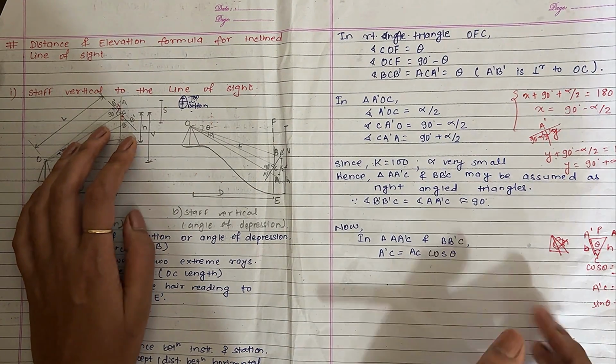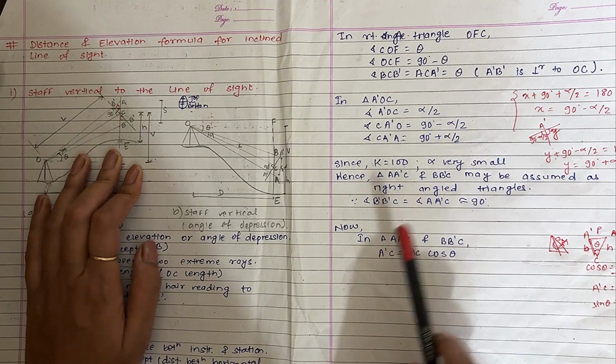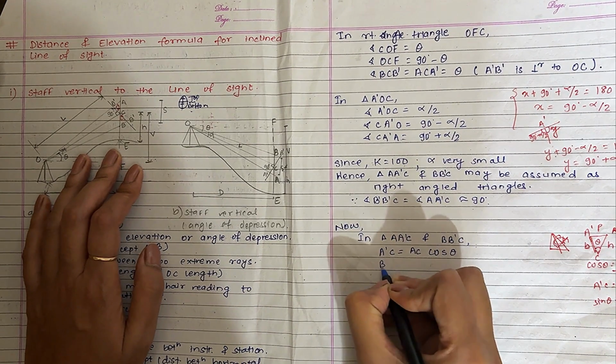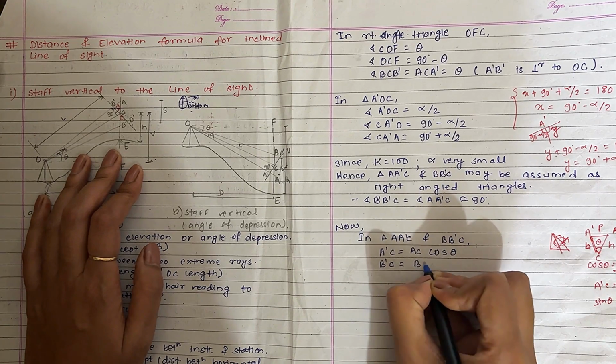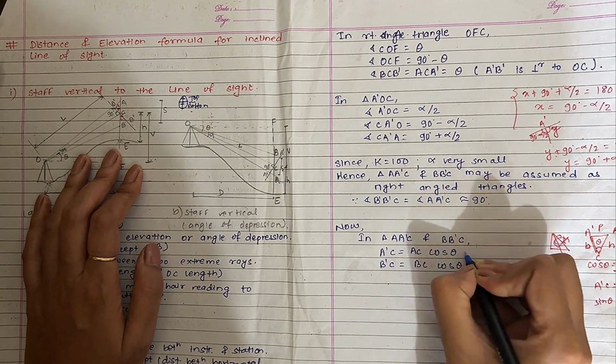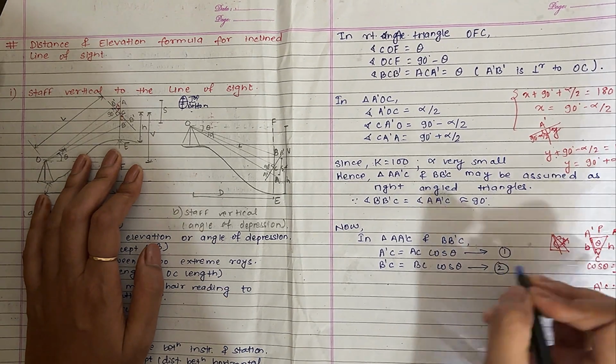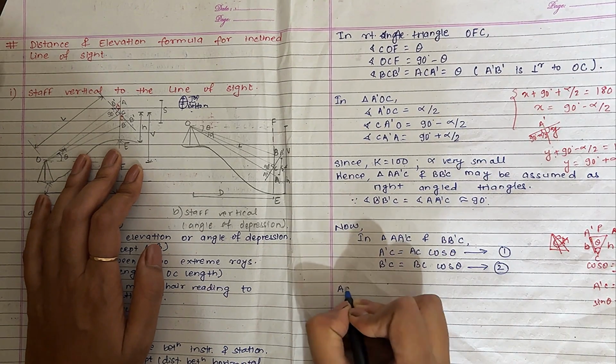So from here we will also calculate B dash C. A dash C is AC cos theta and B dash C is equal to BC cos theta. Let us assume this as equation first and this as equation second.